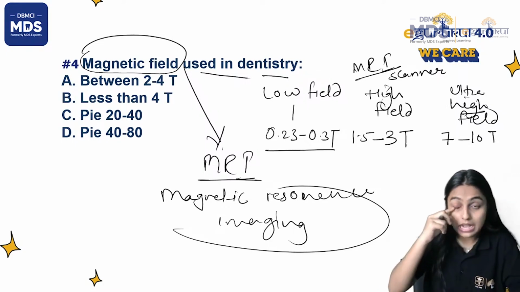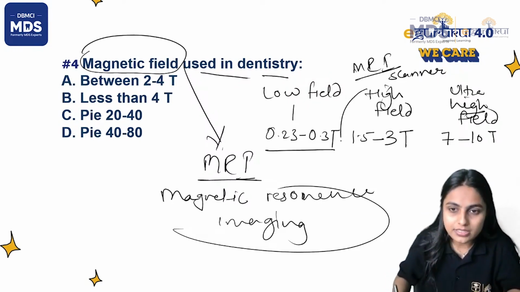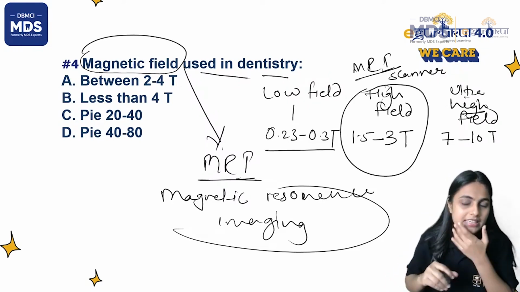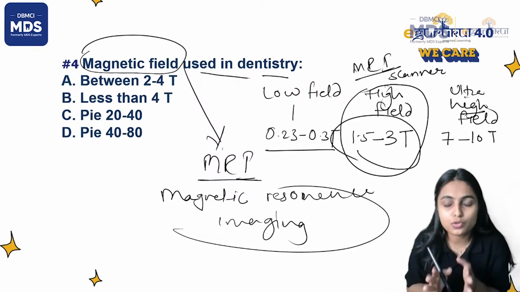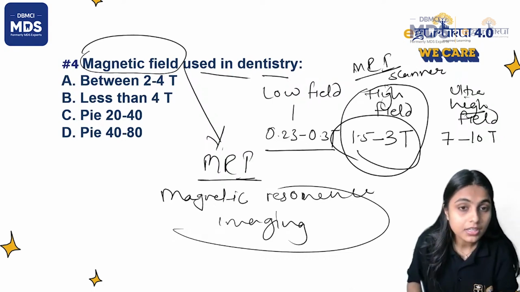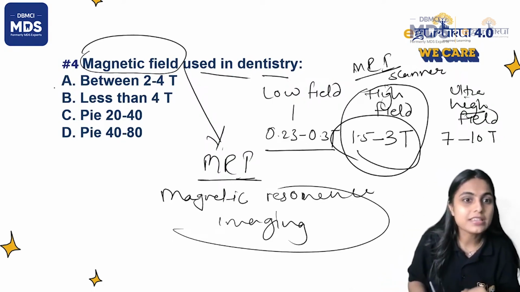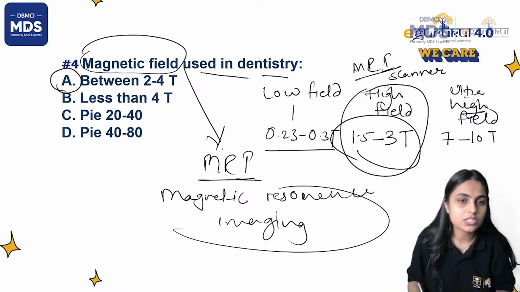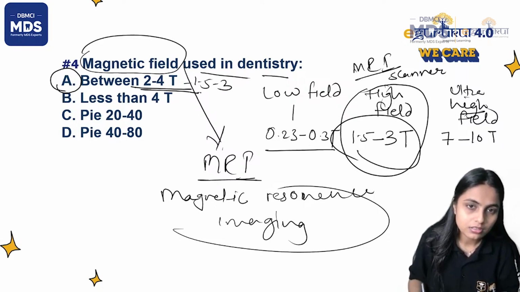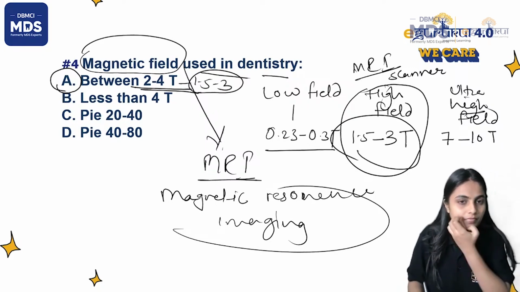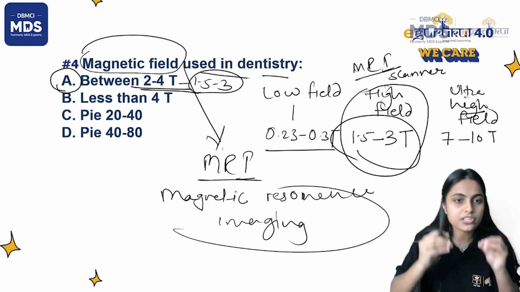The magnetic field used in dentistry is the high field MRI scanner, which is enough for dentistry. So 1.5 to 3 Tesla should be our answer. Since they have given the range, our answer is option A, 2 to 4 Tesla. This range is covered in option A.